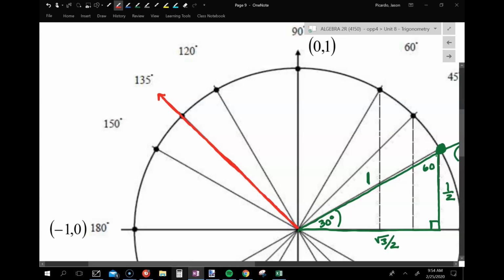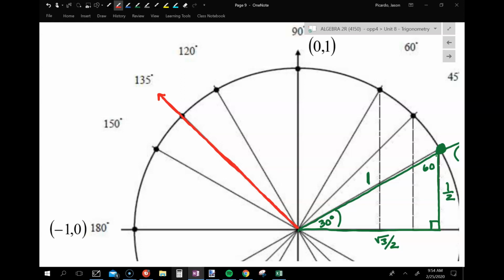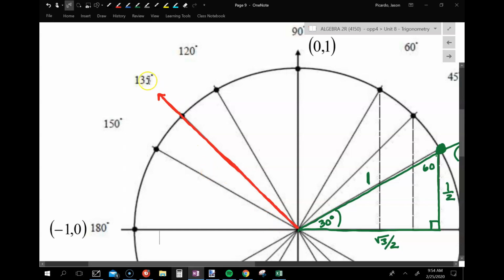What's my angle of interest? 135. Okay, ready? I'm going to bring you to lesson number 1. If 135 is my angle of interest, what is the measurement of my reference angle? Do I want to go back to 0 or do I want to go forward to 180? Forward to 180. So what is the measure of the reference angle if I go from 135 to 180? 45 degrees.